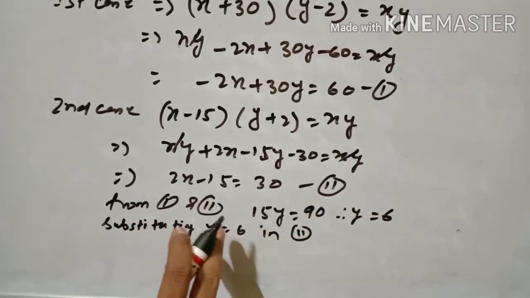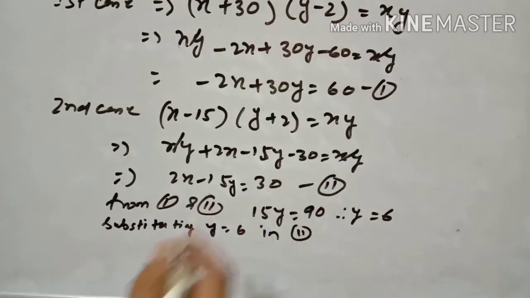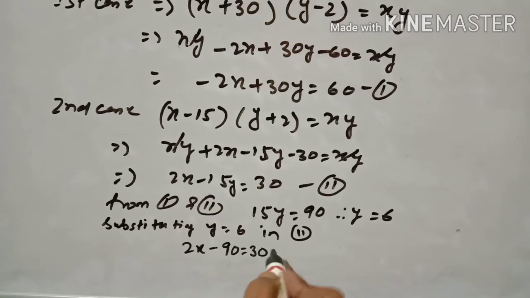I can write 2x minus 15 into 6, that is 90, equal to 30.